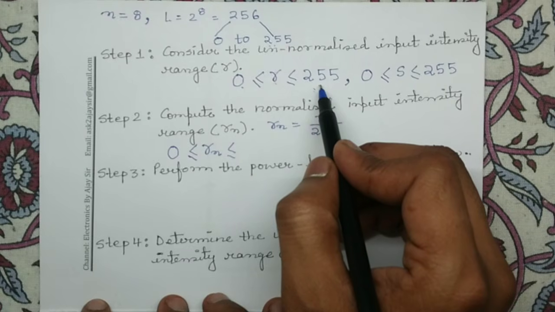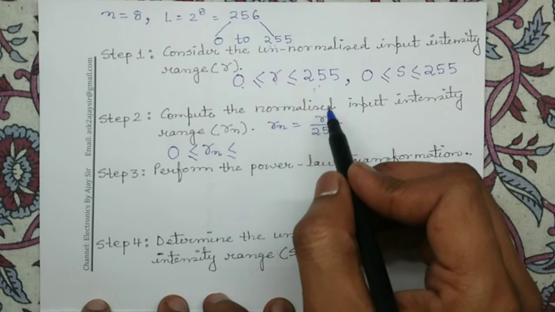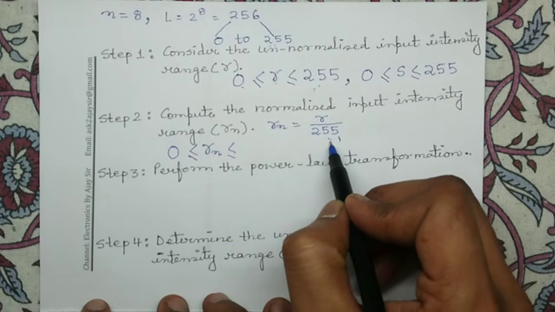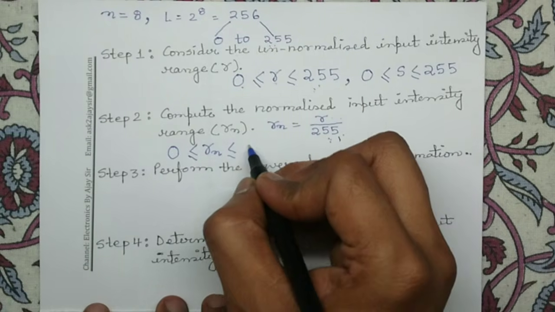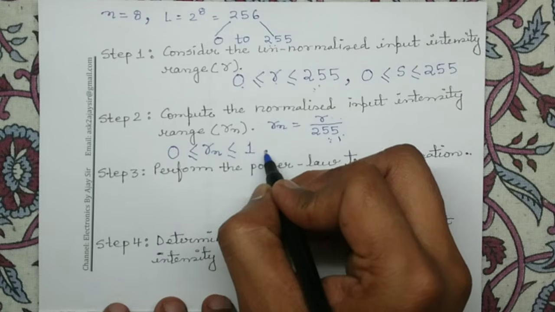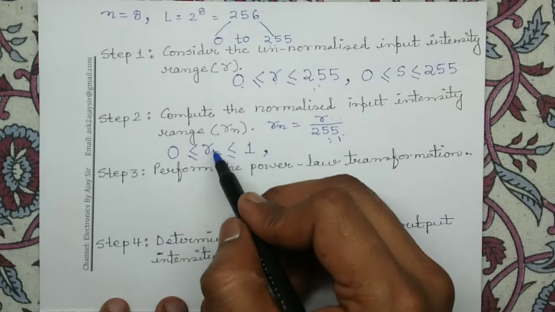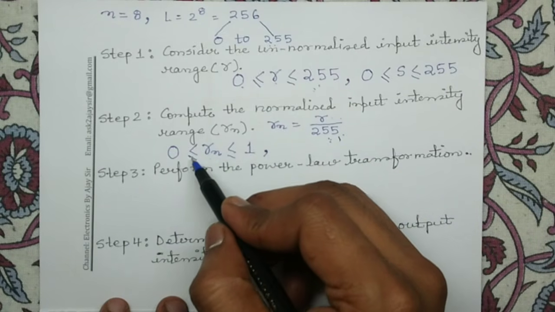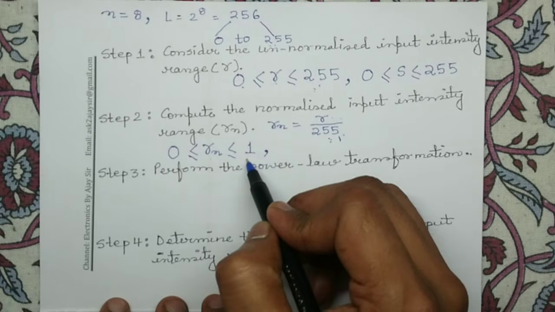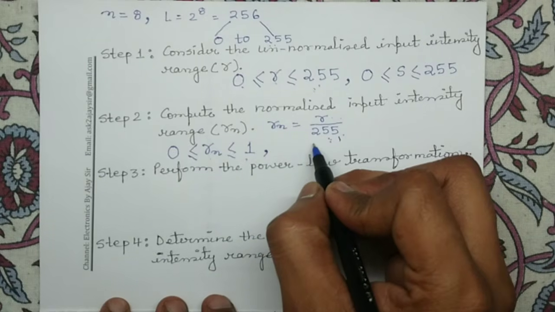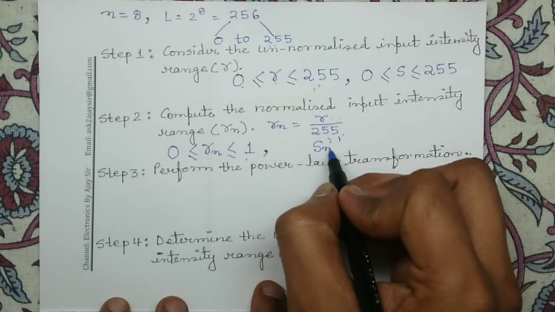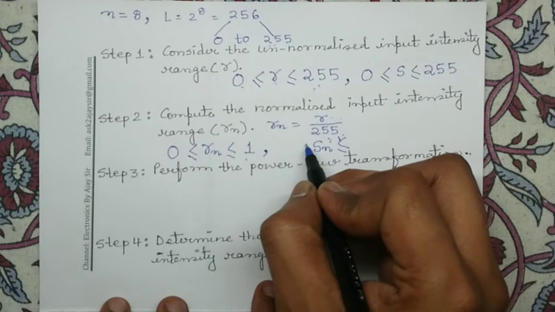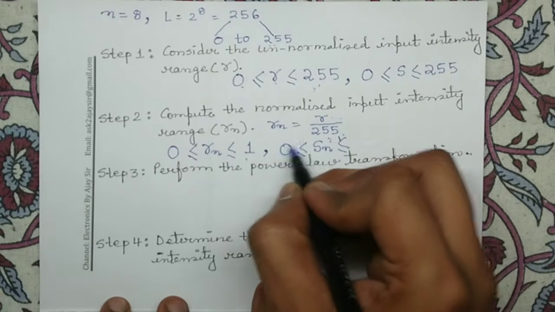If you normalize this intensity value 255 with respect to its maximum intensity value 255, that is 255 divided by 255, it becomes equal to 1. So normalized input intensity range Rn will vary from 0 to 1, and we want our normalized output intensity range Sn will also vary from 0 to 1.